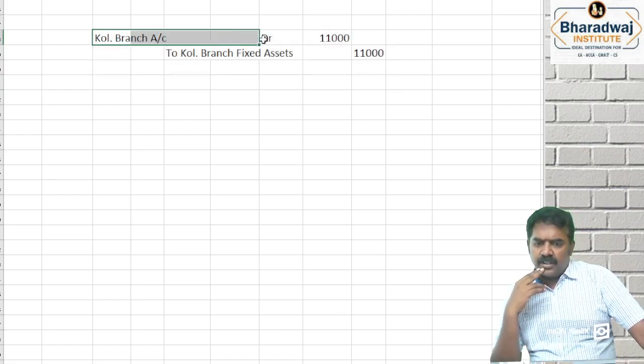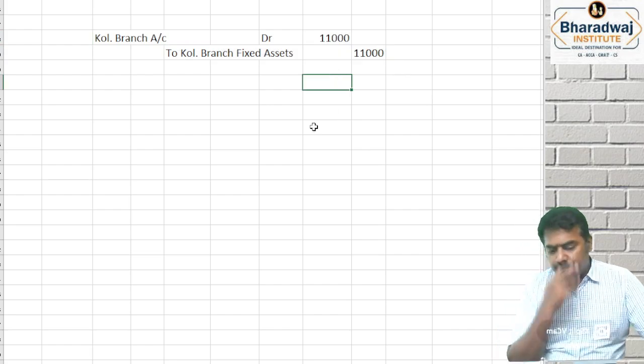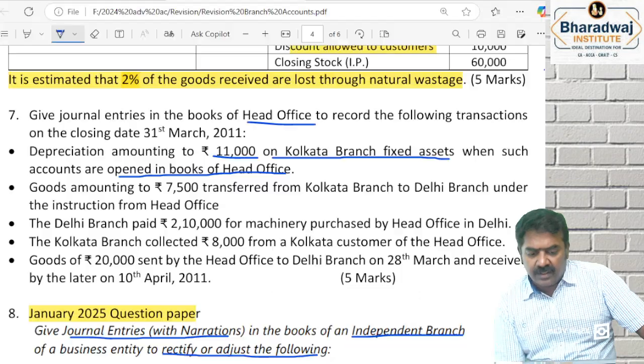Why are you debiting Kolkata branch? It is the depreciation expense of that particular branch related to that particular fixed asset. Next part.